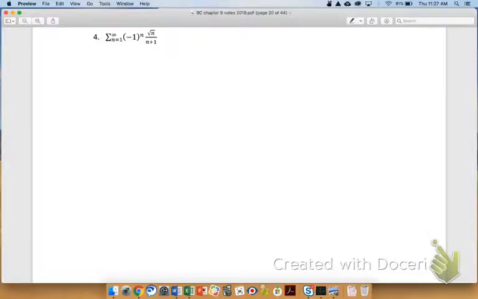So I would recommend you rewrite these two fractions together as one big fraction with an exponent, because you have n plus 1 to the n over n to the n. I would write it as n plus 1 over n, all to the n. Does that make sense?